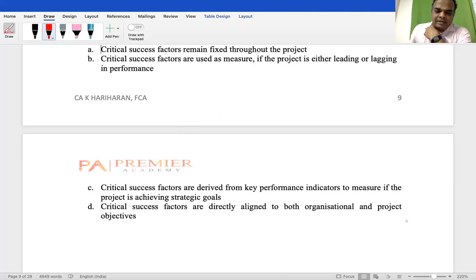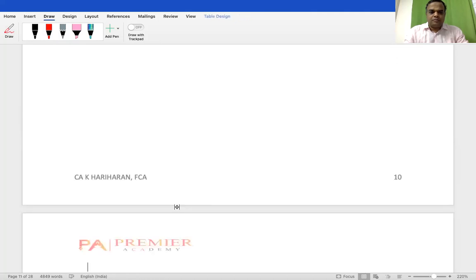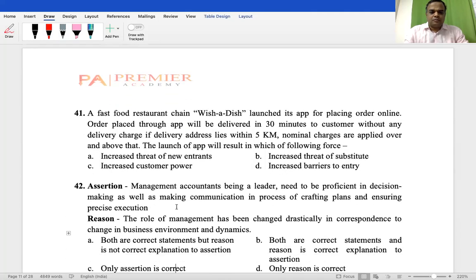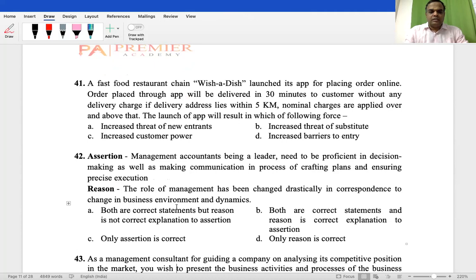Critical success factors are directly aligned to both organizational and project objectives, organizational as well as the project also. More appropriate answer is D. But more or less all the answers are correct only, am I right? Right, Raman.